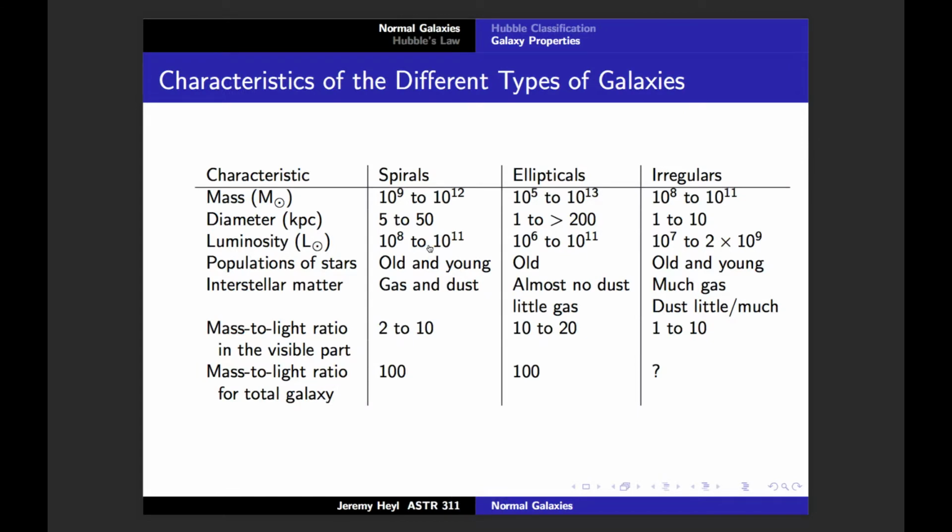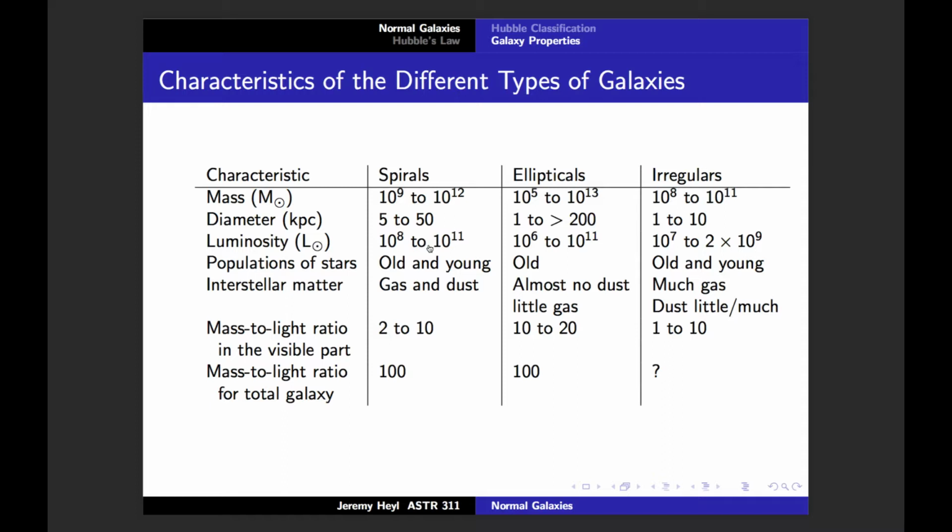So what we can do is get an idea of the physical properties of these galaxies. If we think about the spiral galaxies, they have a range of mass of just about a factor of 1,000. They start out around 1 billion solar masses. They can go up to 1 trillion.